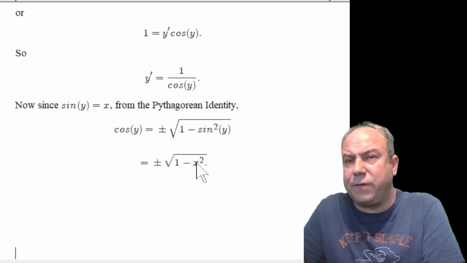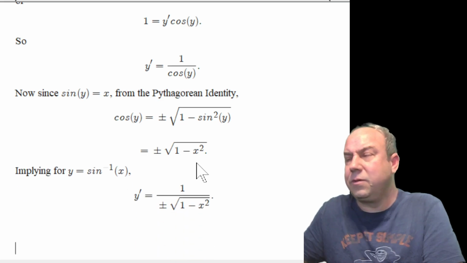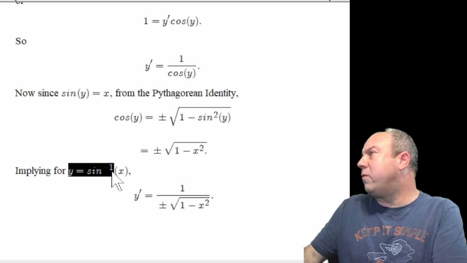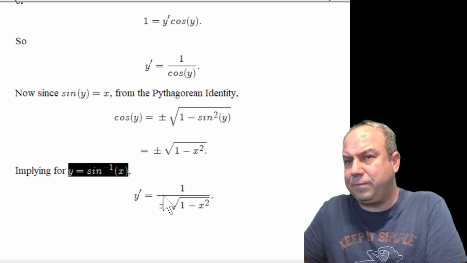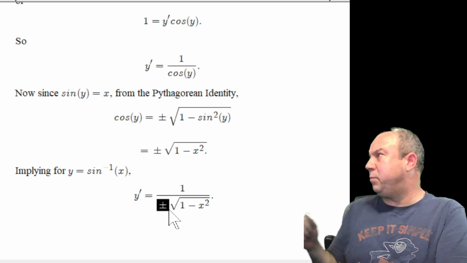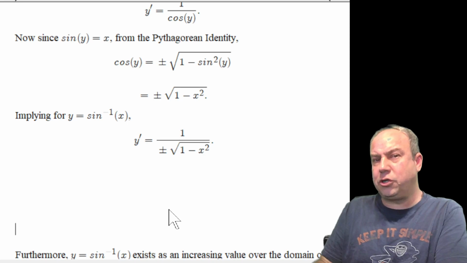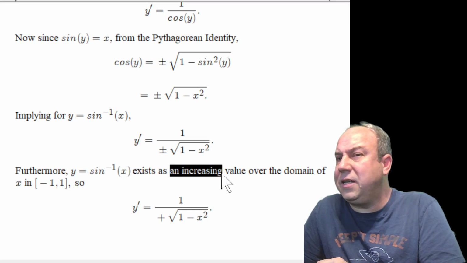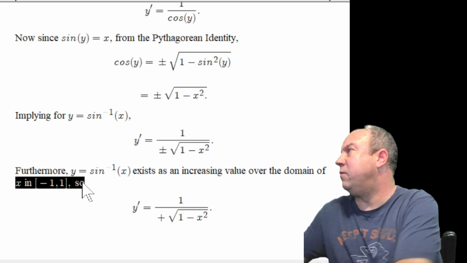However, we do go a little further and note that the inverse sine function, this is what we can draw a conclusion of at the current moment. But what we should note is over the domain of the inverse sine function, it is strictly an increasing function. So the negative that could result from having the plus or minus will never occur, since y equals sine inverse of x is strictly increasing over values of its domain, values of x in the interval from -1 to 1.